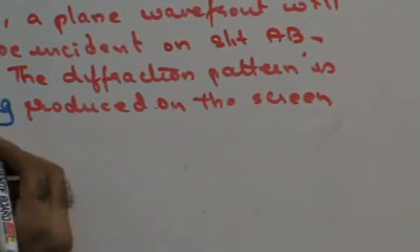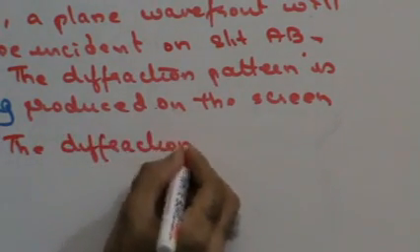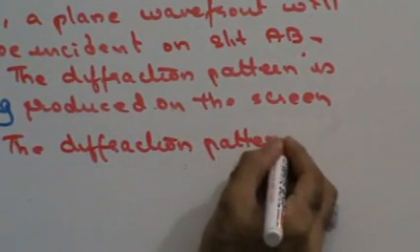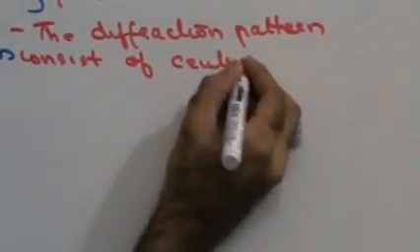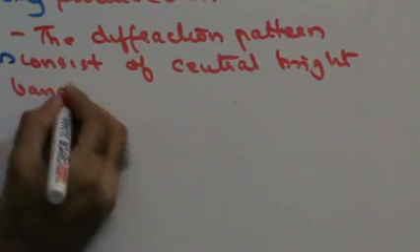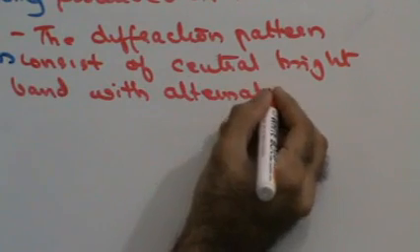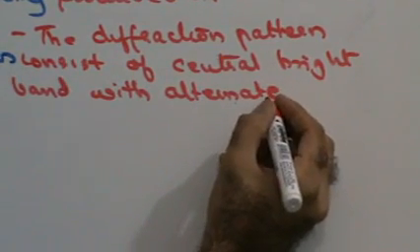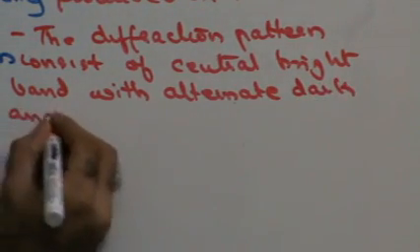So I can say that the diffraction pattern consists of a central bright band with alternate bright and dark bands, and less bright bands.